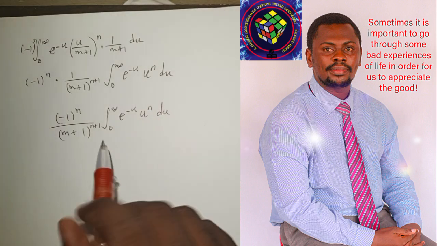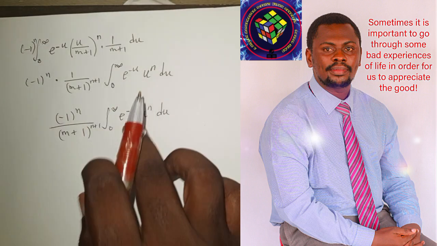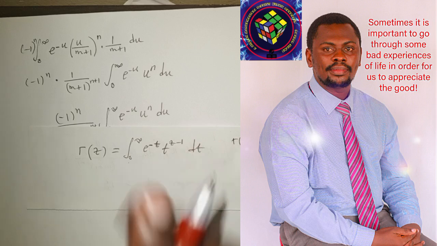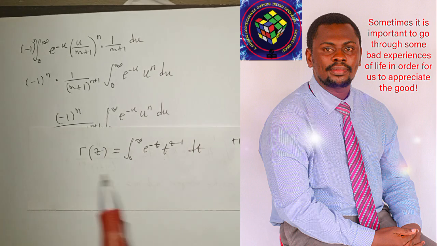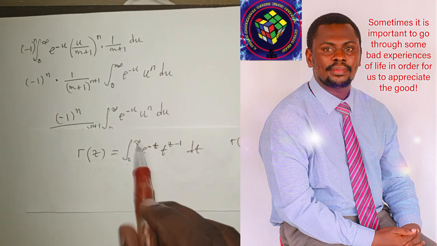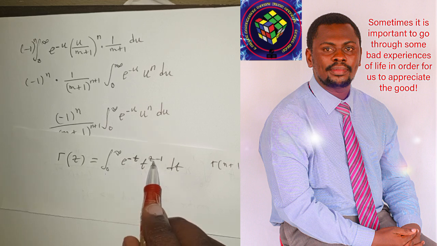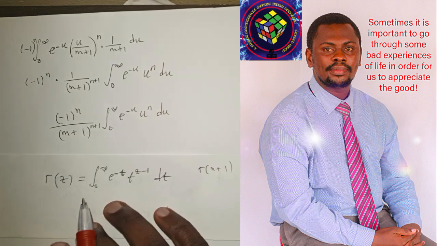Now this integral is the definition of the gamma function. Gamma of z is equal to the integral from 0 to infinity of exponent of minus t, then t to the power z minus 1 dt.